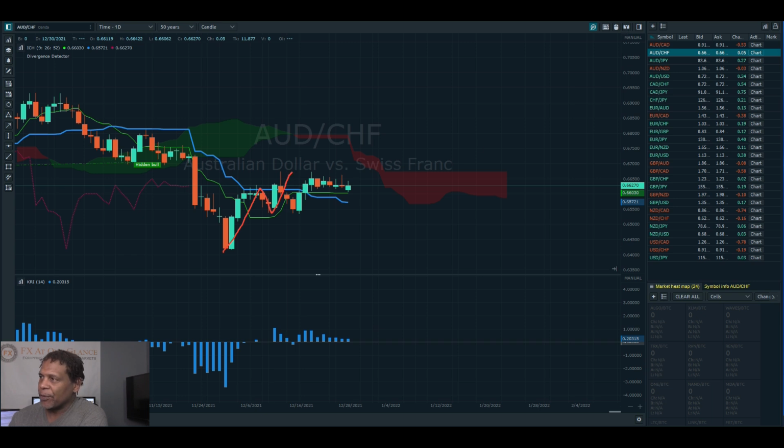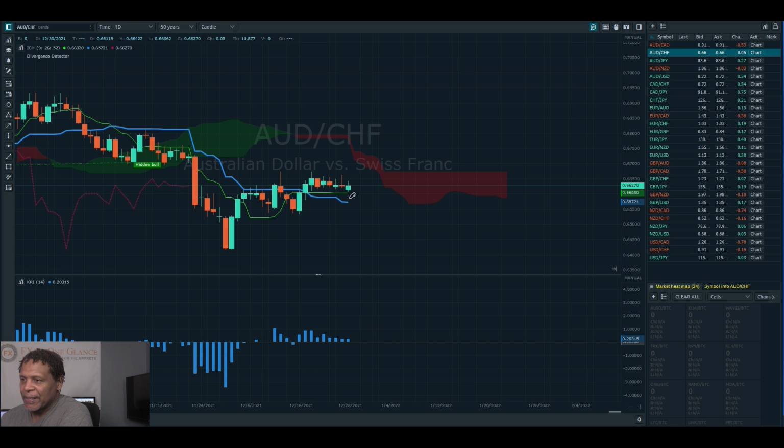It could be just a correction. And then we had another wave, but we didn't violate this level. So we're kind of in between here. At this point, I don't feel comfortable with anything yet. Our crossover is bearish. Everything else is bearish.